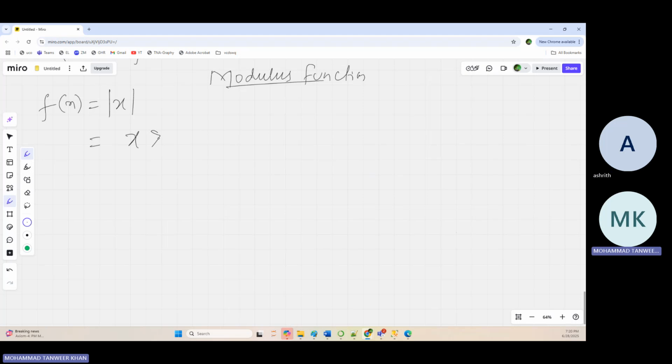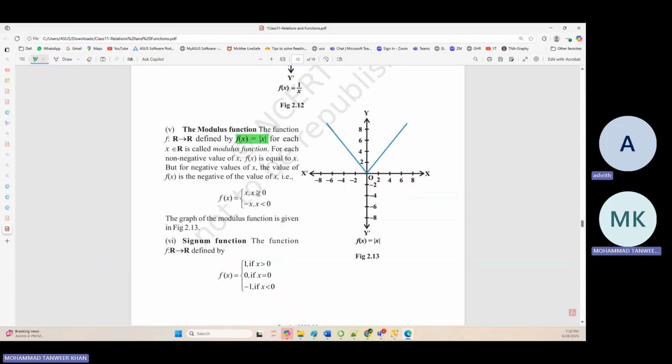It is denoted like this. Then check here: x if x is greater than or equal to 0, minus x if x is less than 0.